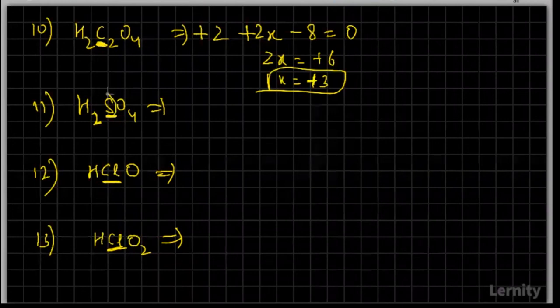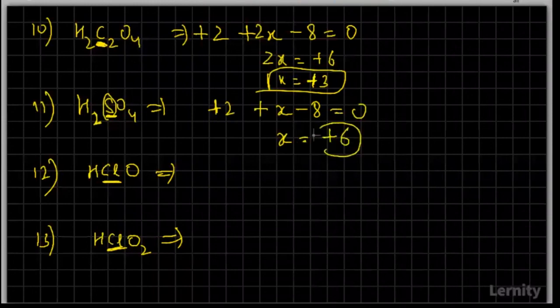In case of sulfuric acid, hydrogen is +1 into 2, so it is +2. And here one sulfur, so it's +x, -8 equals 0. So x equals +6. So in this case, sulfur has +6 and carbon had +3.